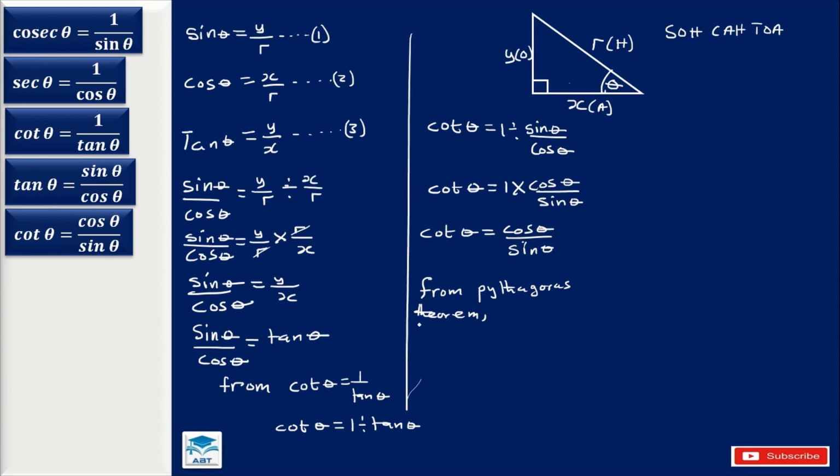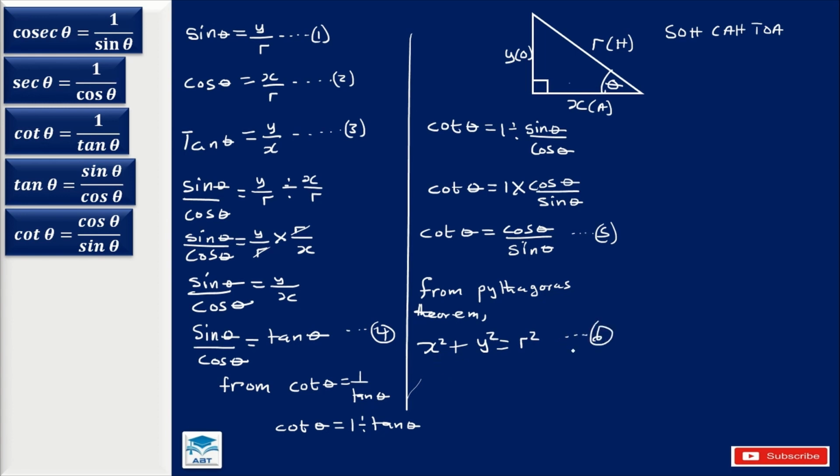So we have x squared plus y squared is equal to r squared. Let's name this equation number 4 and this be equation 5. So this will be equation 6.